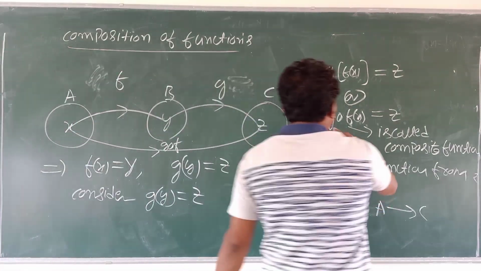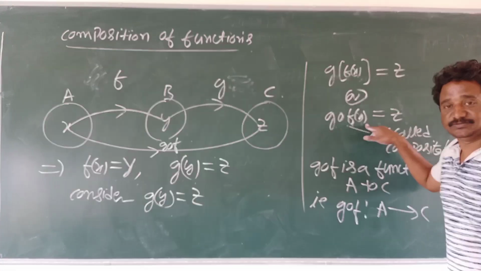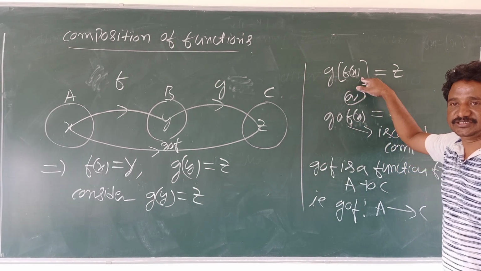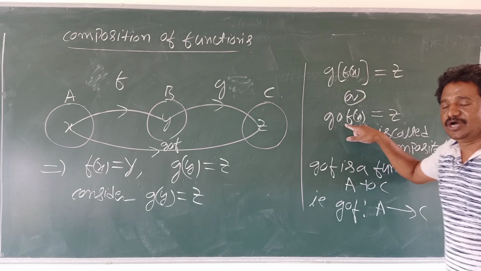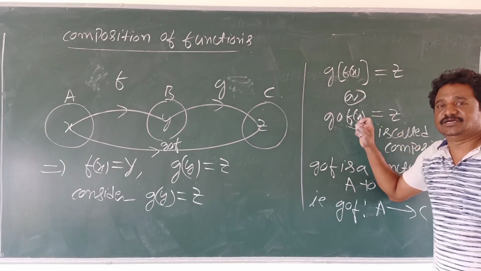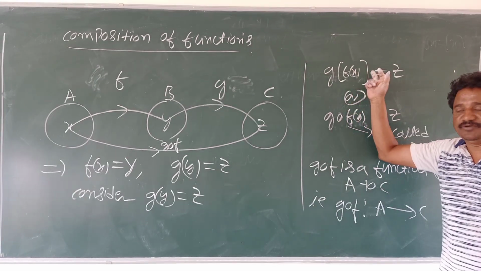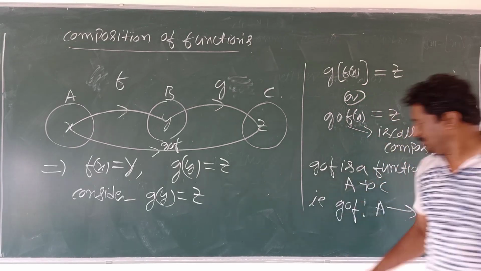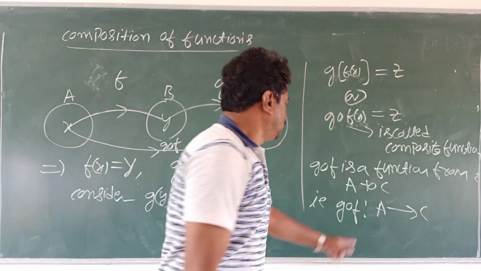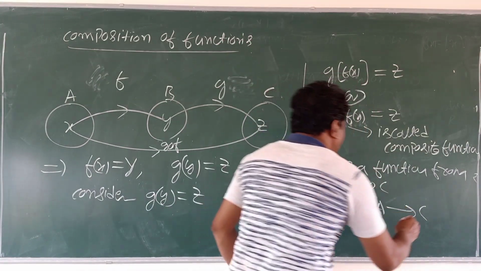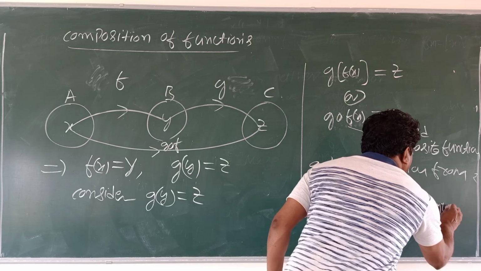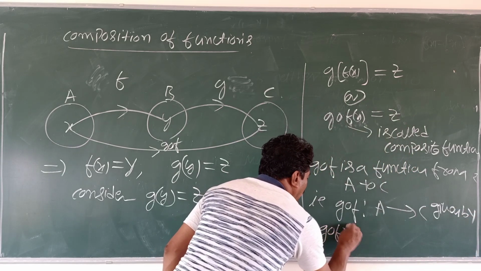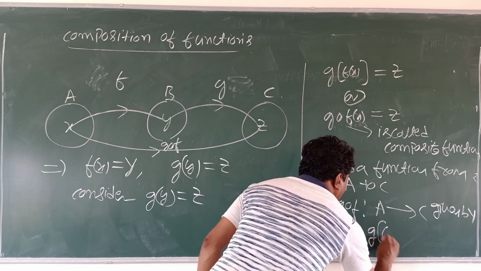Composite function: (g o f)(x) means g into f(x). Which one is represented as g o f? g into f(x). Keep that in mind. So g o f from A to C is given by (g o f)(x), which means g into f(x).